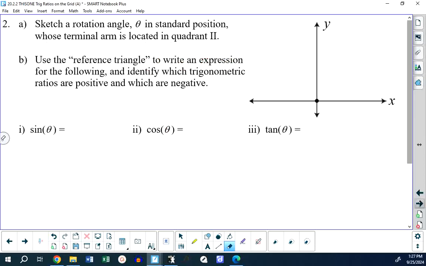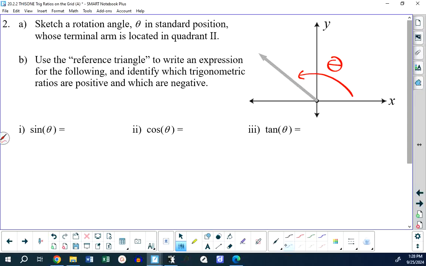Sketch a rotation angle in standard position if the terminal arm is located in quadrant 2. Well, just draw any terminal arm in quadrant 2. We need to label the angle. That's theta. And then it says, use a reference triangle to write an expression for these three.